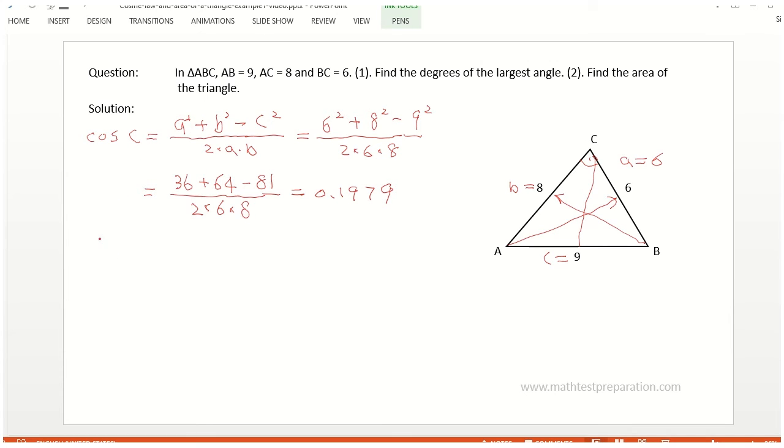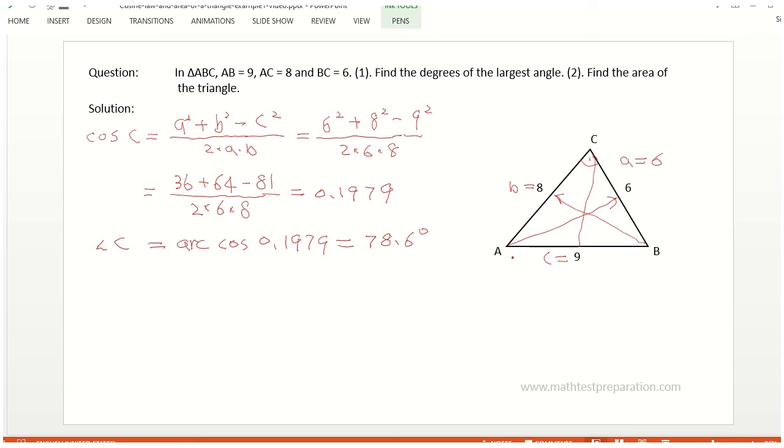Now the angle C equals arc cosine 0.1979, which equals 78.6 degrees.